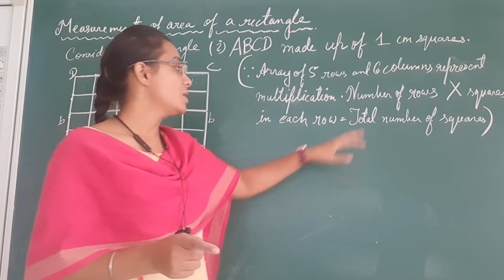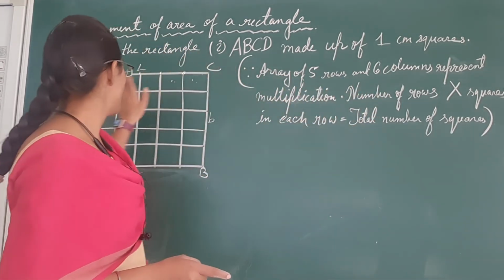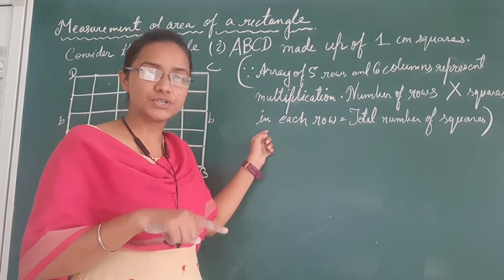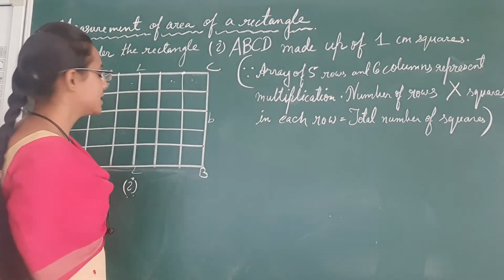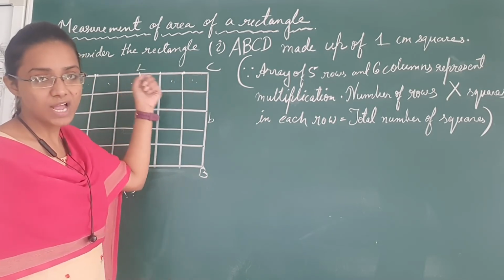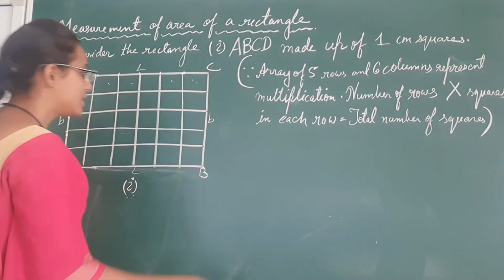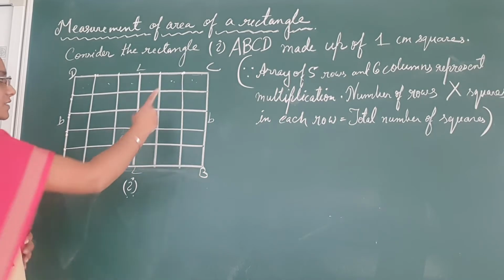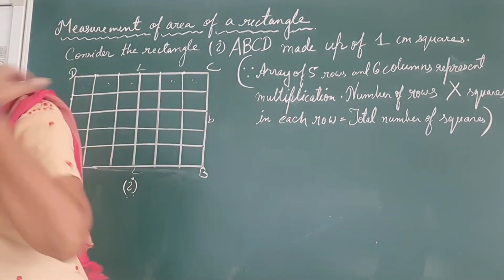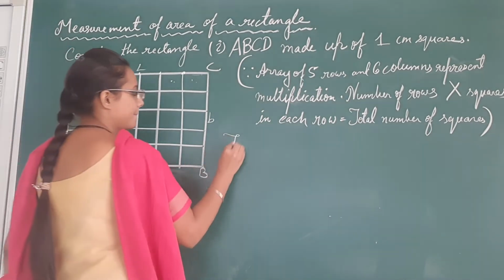You have to multiply the number of rows by the squares in each row. How many squares are there in each row? There are 6 squares in each row. So that's why we have done 6 into 5. Yes or no? So thus we can find the area of the rectangle.